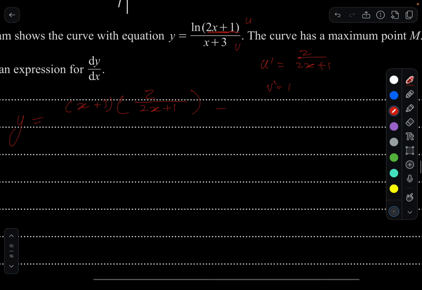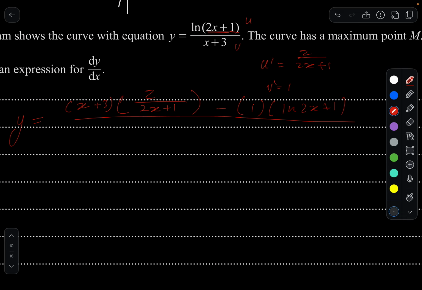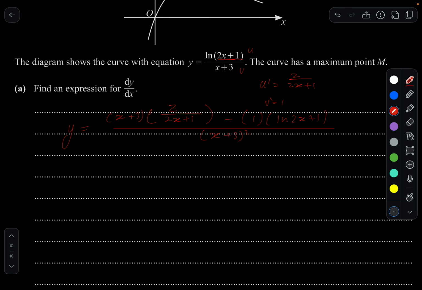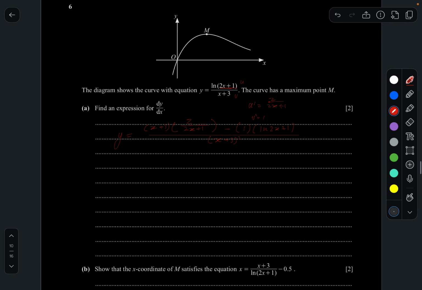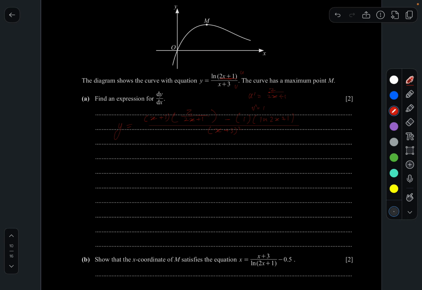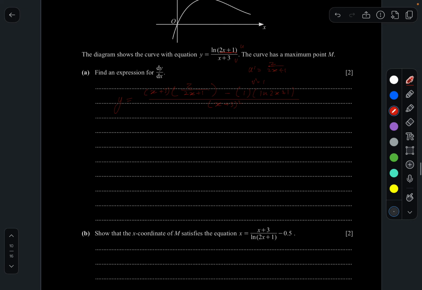And then this will be minus 1 times ln of 2x plus 1, divided by the denominator plus 3 squared. Now, it must always be squared according to the formula. Okay, now that's the end of that part. You don't need to do anything further. They actually give you marks until that point, and that's it. You just leave it there.